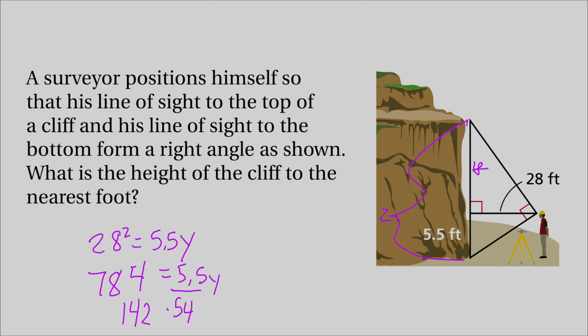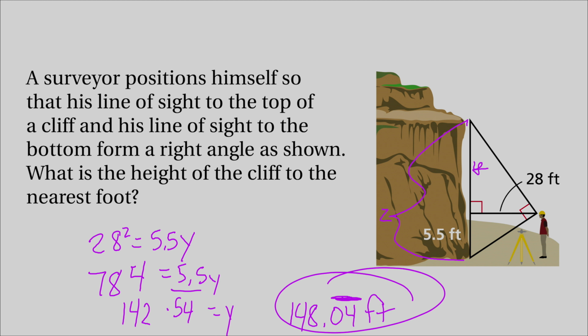So that's going to be y, which means 142 plus 5.5, that ends up being 148.04 repeating feet total once you add the 5.5. So there we go. And that is it for today.